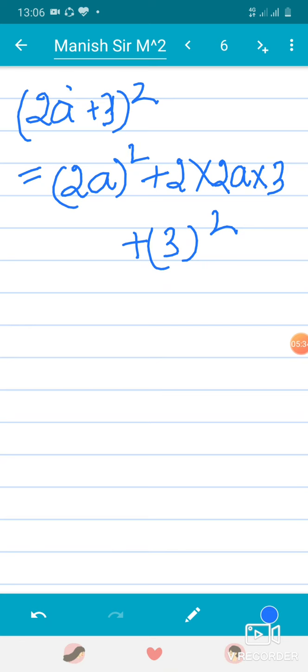By the comparison, we could write over here as a rough idea, in the corner of the paper: a is equal to 2a and b is equal to 3.